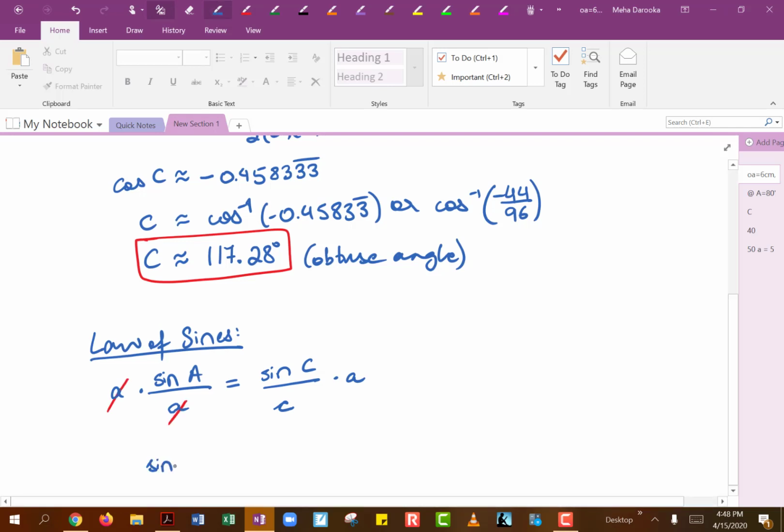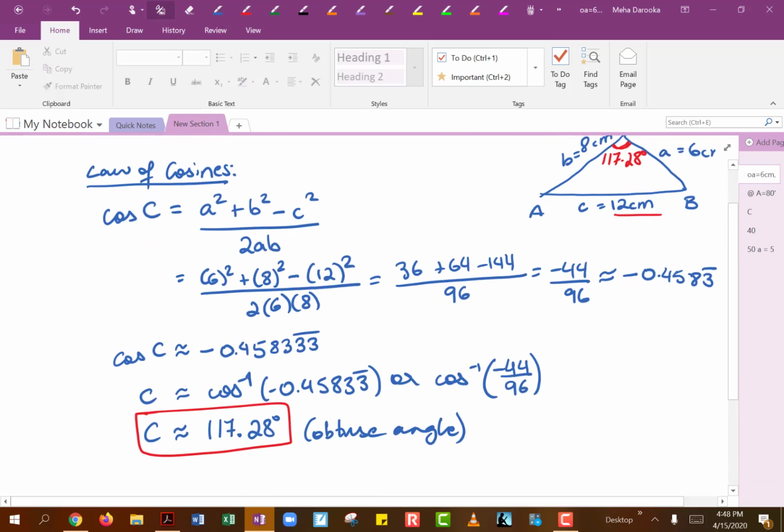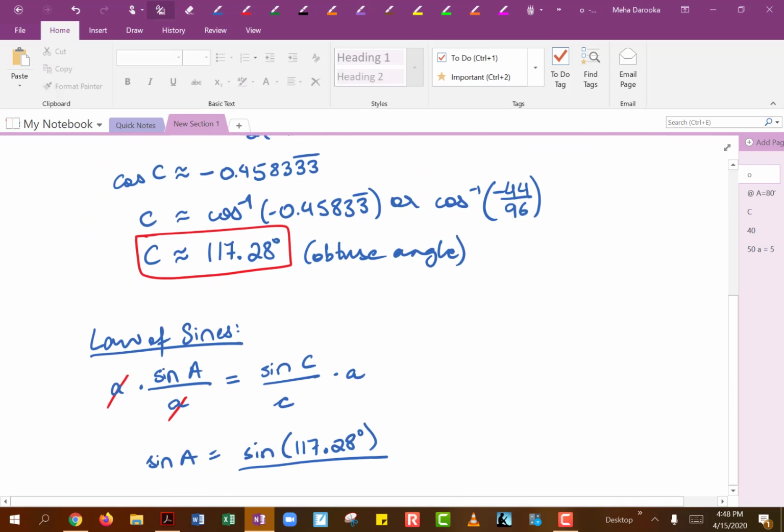So let's see, sine of A is going to be sine of angle C, which is 117.28 degrees, times side A, which was 6 centimeters, divided by side C, which was 12 centimeters.